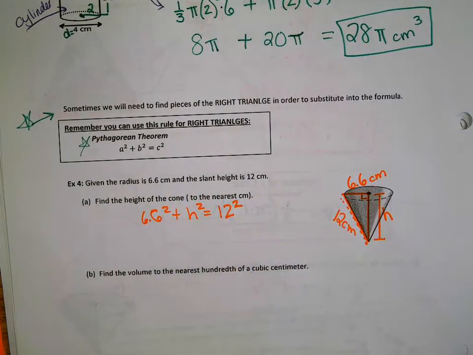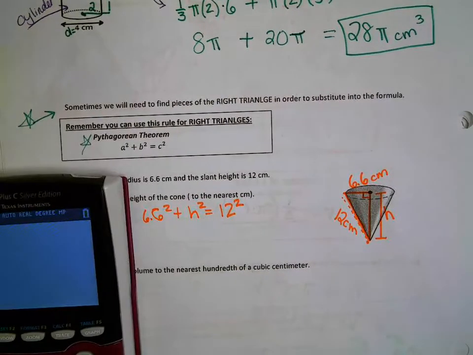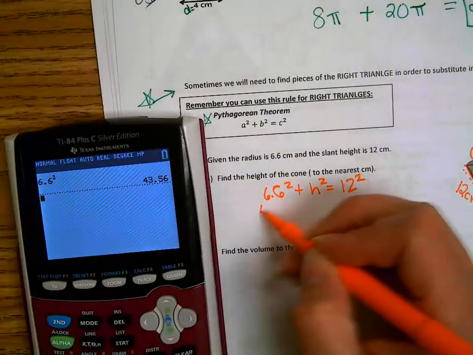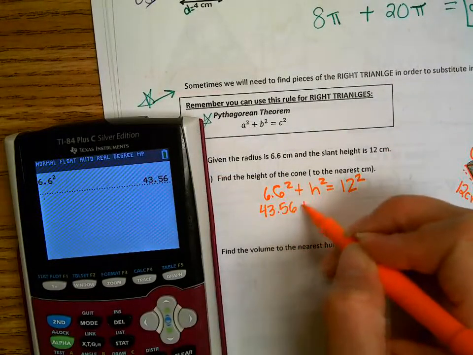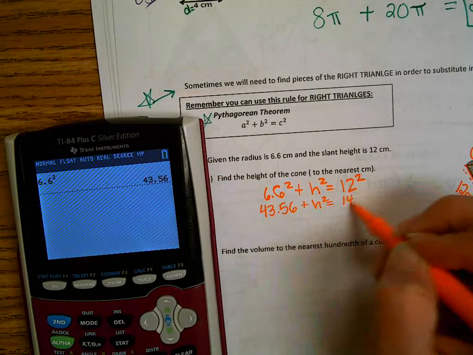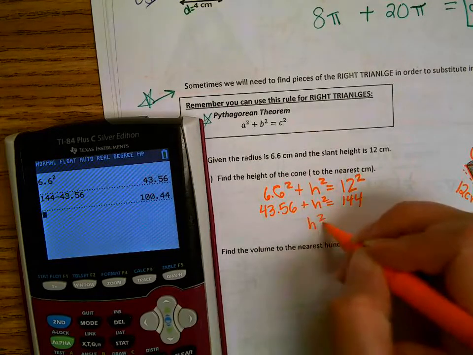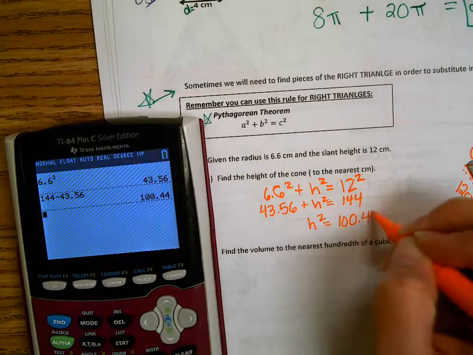And then to the calculator, 6.6 squared gives me 43.56. Plus h squared equals 144. Subtract over, h squared equals 100.34.